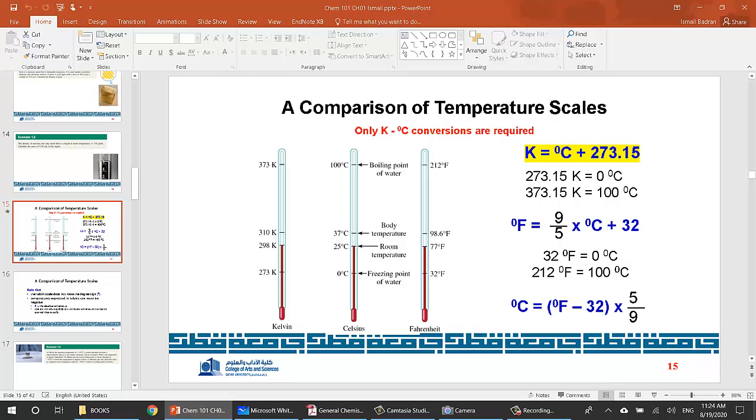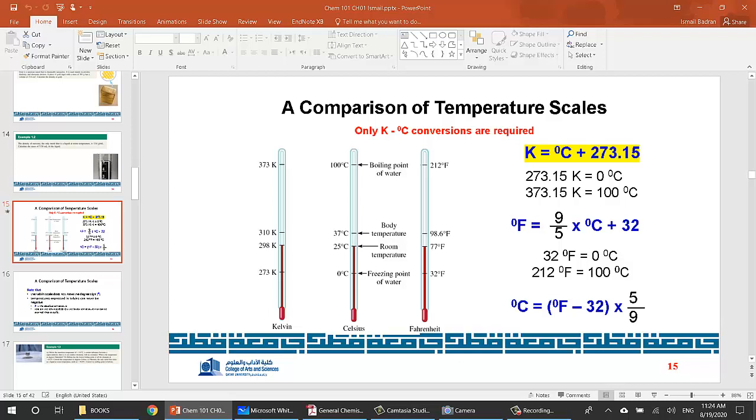That might be a big number for us, but Fahrenheit does not equal Celsius. So there are conversion factors between Kelvin, Fahrenheit, and Celsius. The first conversion factor is that Kelvin is equal to Celsius plus 273.15. So 100 Celsius, for example, would equal 373.15 Kelvin.